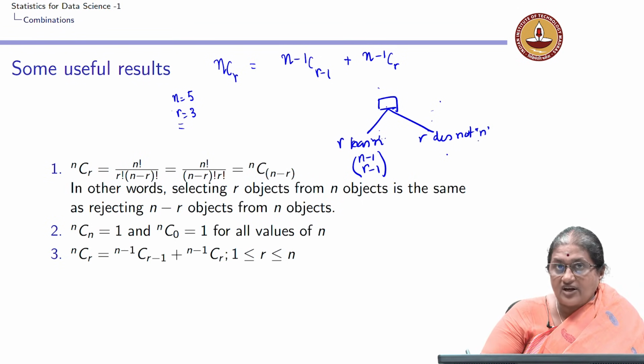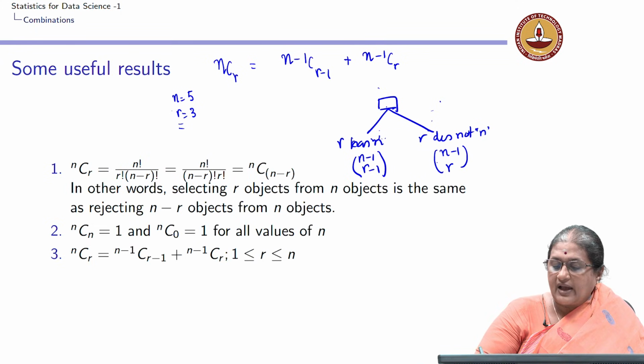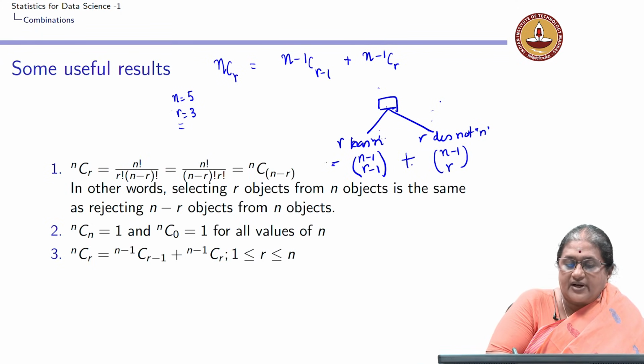If r does not include it, I have only the remaining n minus 1 objects because I am eliminating that one, and I choose r. These two put together give me n choose r.